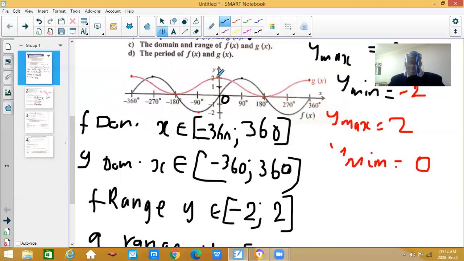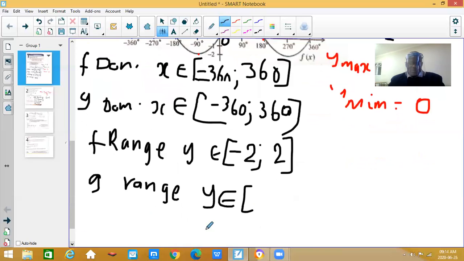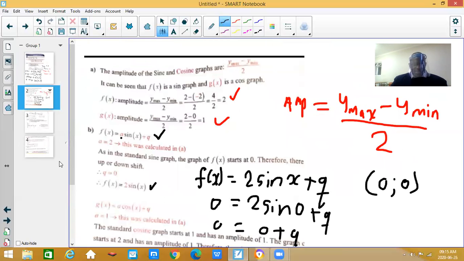It is 2. What is the minimum? It is 0, implying that the range of g(x) starts from 0 to 2 inclusive. It is oscillating between 0 and 2. That is our range.